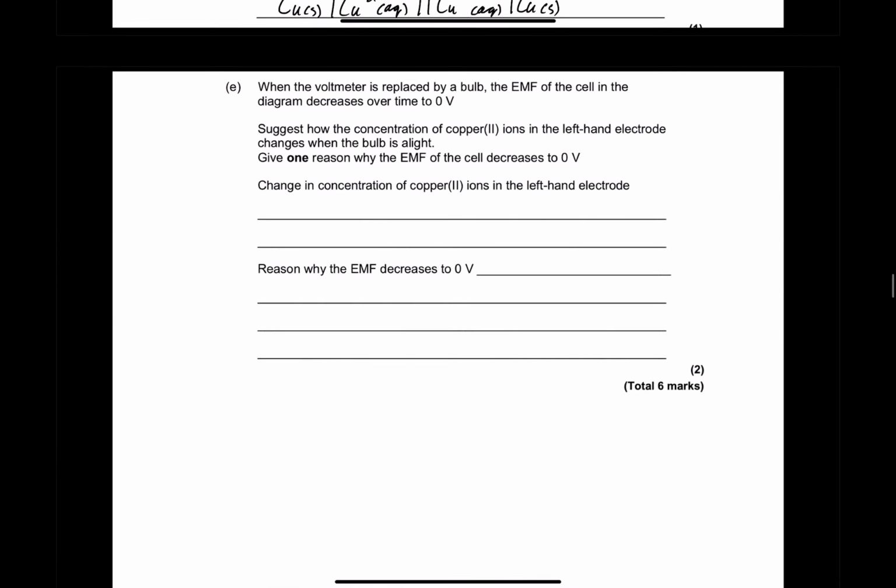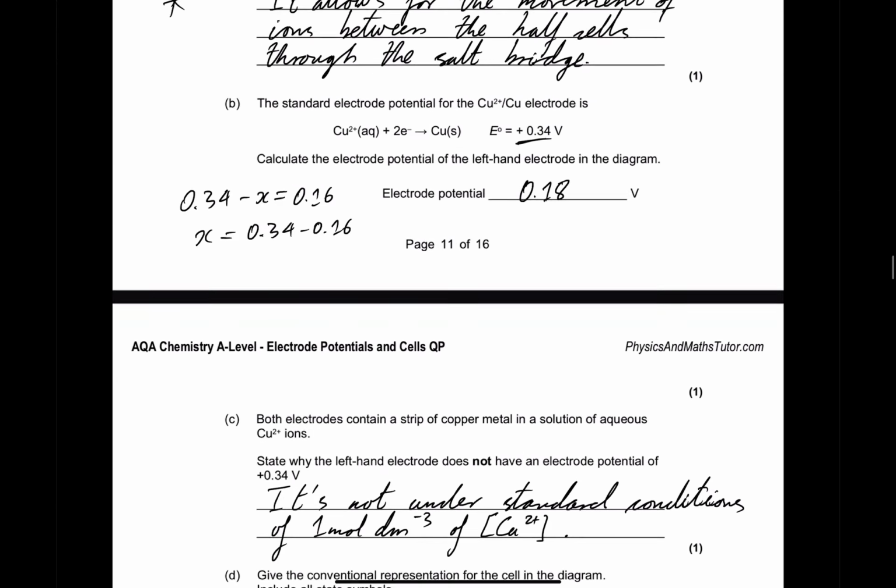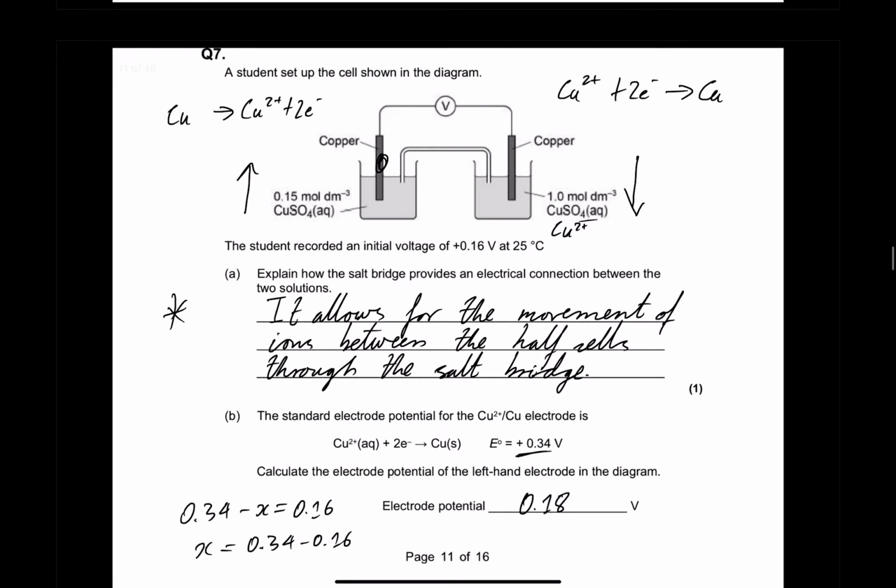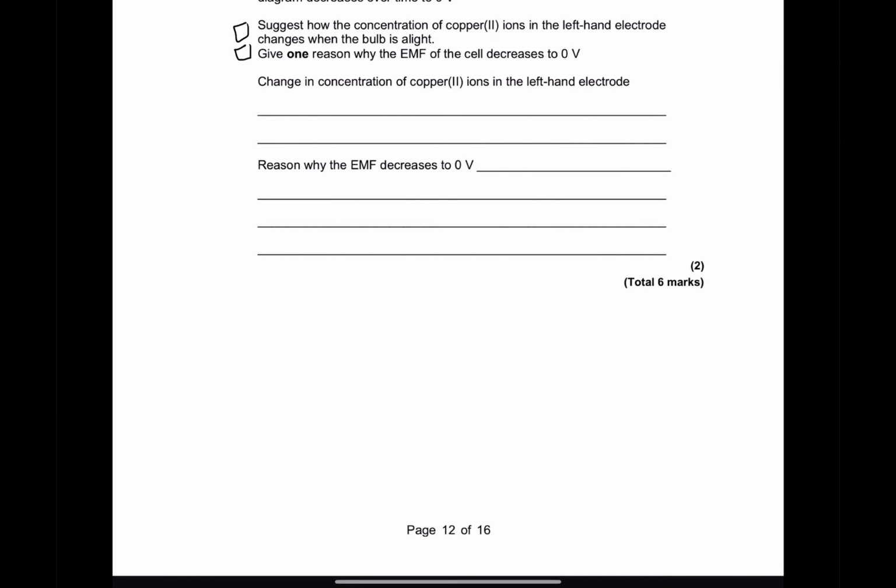When a voltmeter is replaced by a bulb, the EMF of the cell in the diagram decreases over time to 0 volts. State how the concentration of copper 2+ ions in the left-hand electrode changes when the bulb is alight. Give one reason why the EMF of the cell decreases to 0 volts. Okay, so this is to change the concentration of copper in the left. It would increase because we're allowing the redox reaction to happen, so that would be getting oxidized. Yes, so it would increase.